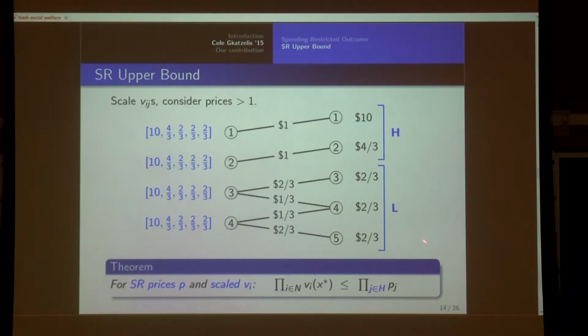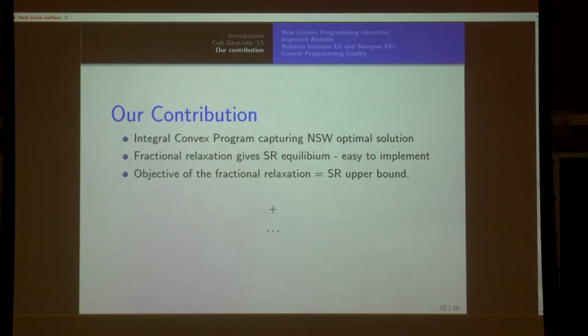It shows that this is actually an upper bound given the right scaling of the values. Okay, so it works, it's magic. A priori it's not clear why this should be an upper bound for the Nash social welfare, why the spending restriction has anything to do with Nash social welfare. It's not at all clear, but somehow magically it works, and also the allocation gives you some information about how to find the integral allocation.